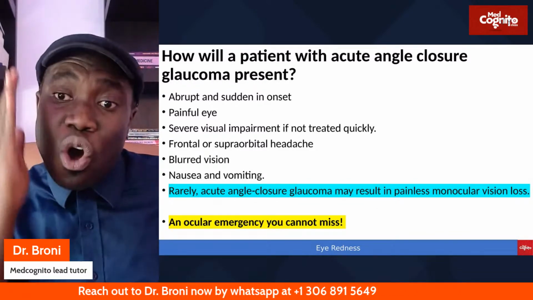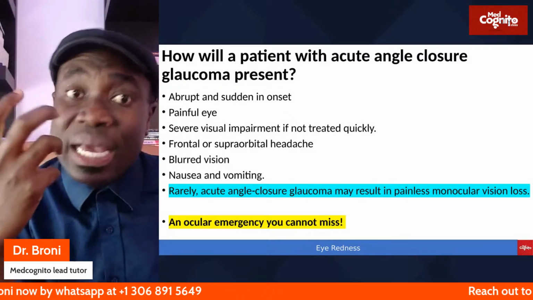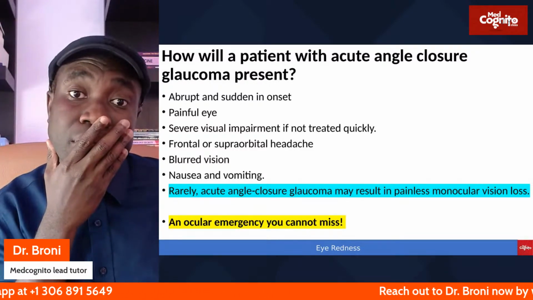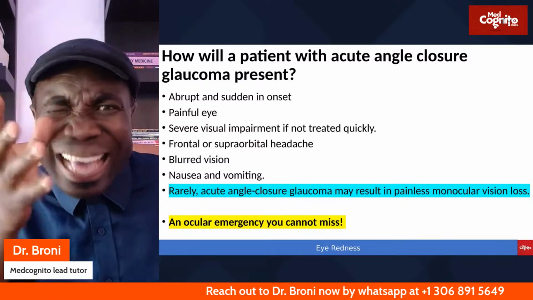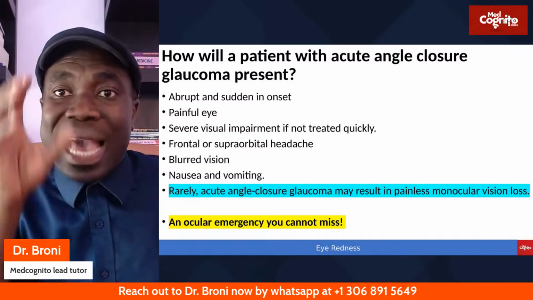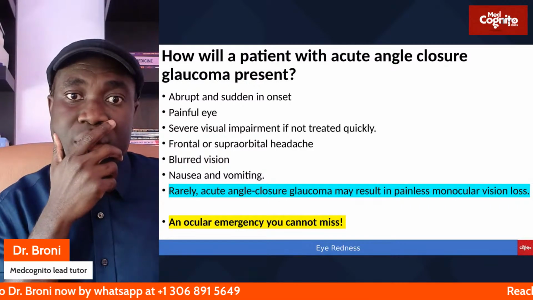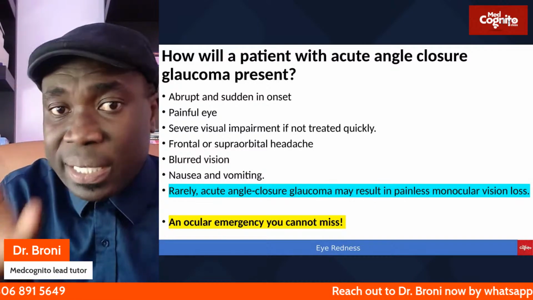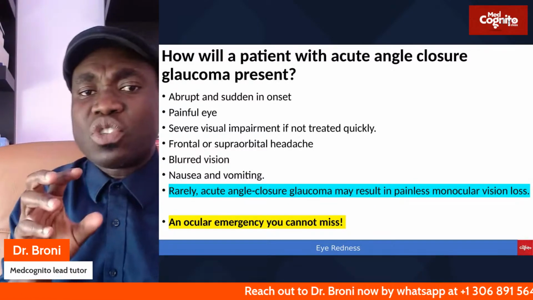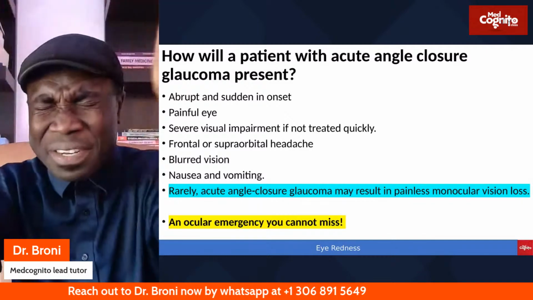Number two, it causes a lot of pain. Number three, the patient will say, I can't see properly. So there's severe visual impairment if you don't treat it quickly. And then there can also be frontal or supraorbital headache. So the patient is having a lot of headache.